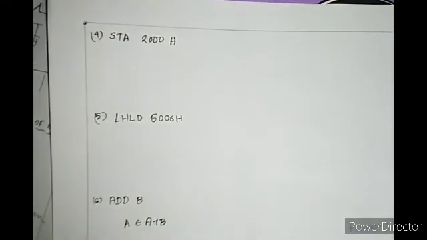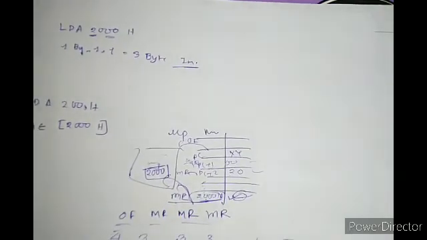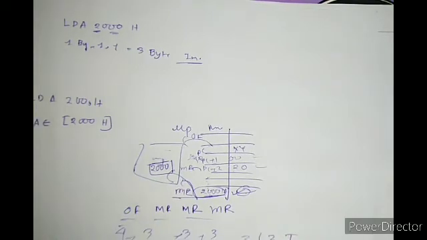Next is STA 2000. What is the difference between LDA and STA? In LDA, we are on the execution step. We know that I have to get the data from location 2000H.